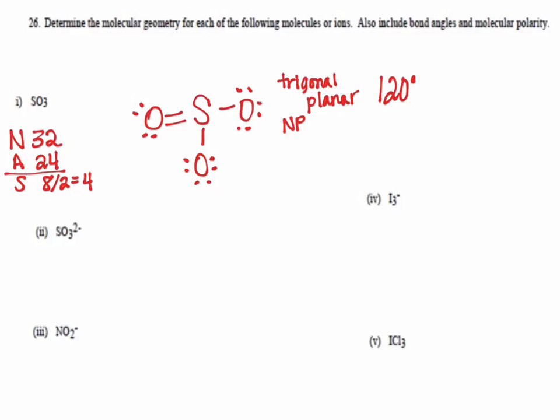Okay, the next one, SO3. So this time we've added 2 electrons. So our needed is 32. Our available is 26. So shared is 6 divided by 2, so 3 bonds.